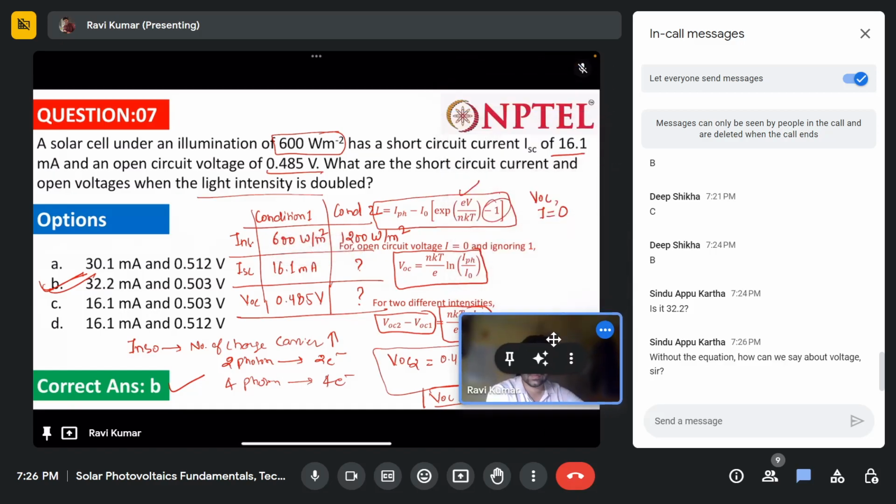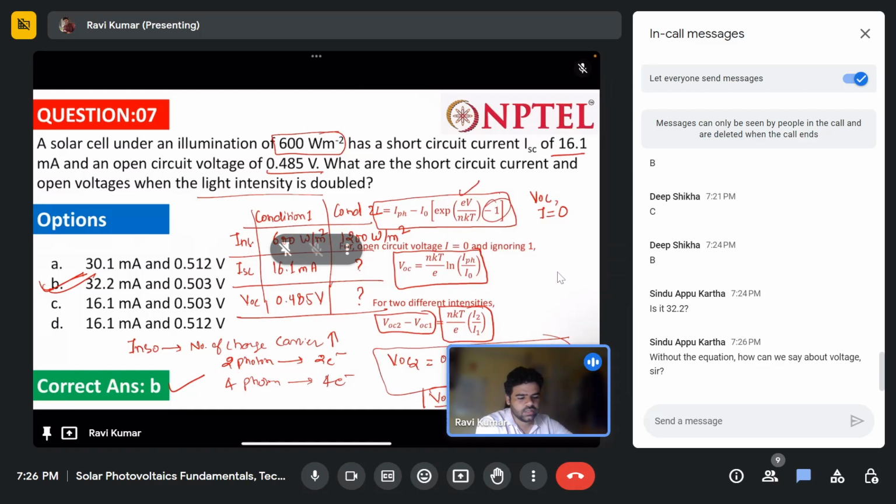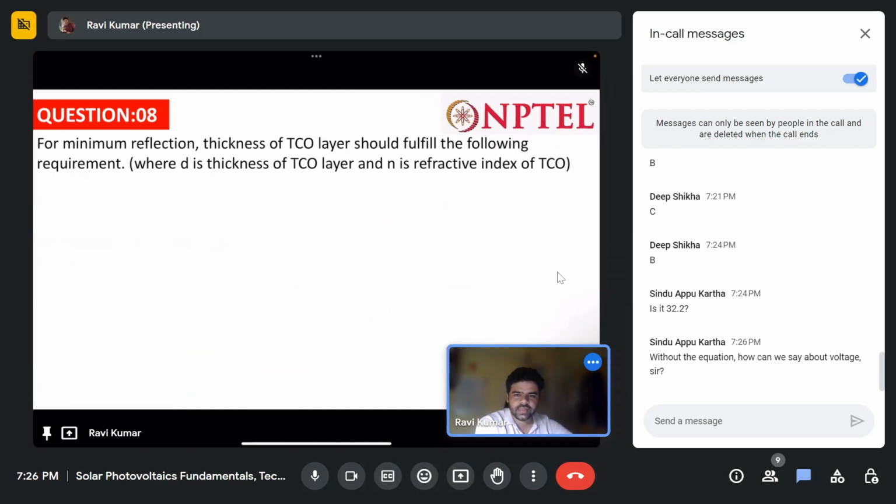Okay, let's go to the next question, which says for minimum reflection, the thickness of TCO layer should fulfill the following requirement, where d is the thickness of TCO and n is the refractive index of TCO. Without the equation, how can we say about voltage?